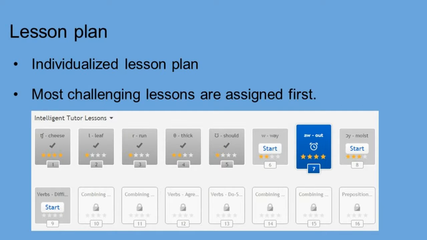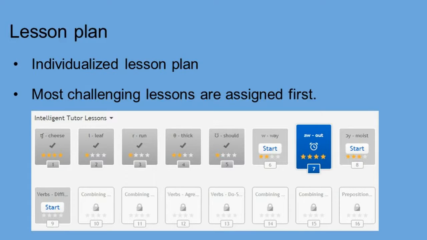So this is a snapshot of what a basic lesson will look like when the student begins their lessons. As Karen mentioned, each student has a diagnostic, and it's based on their L1. If I am the student and my L1 is, for example, Russian, these are the sounds I will need to go through.